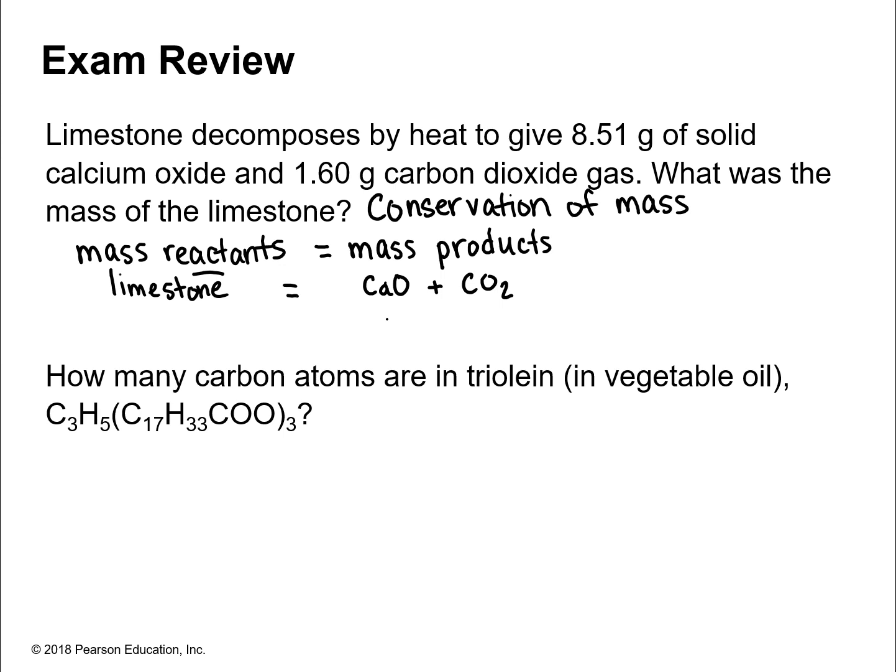In terms of the masses, we made 8.51 grams of the calcium oxide and 1.60 grams of the carbon dioxide gas. We don't know how many grams of limestone we started with. That's what the question is asking.